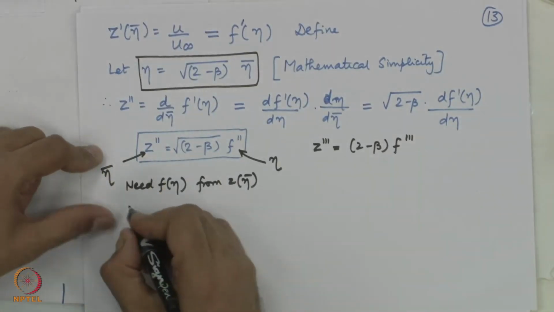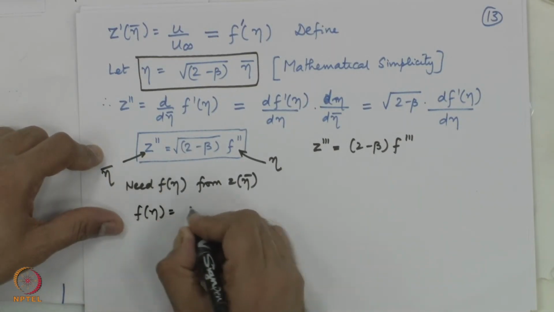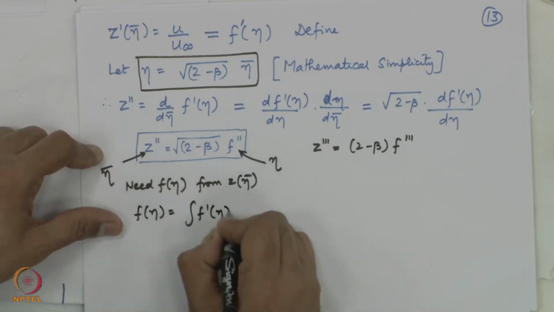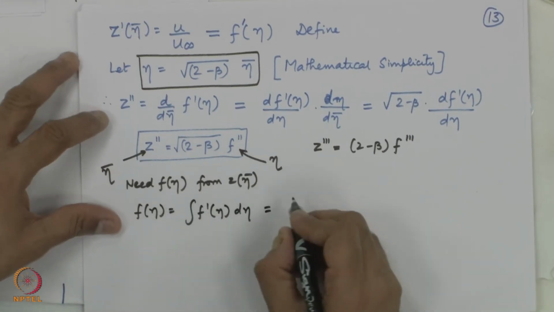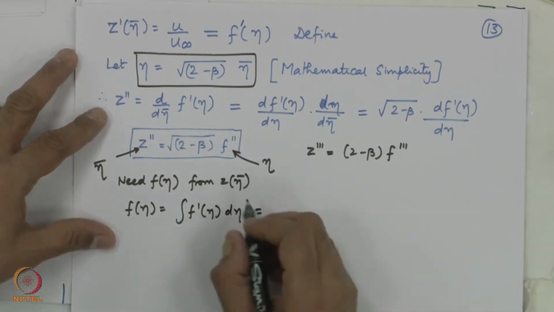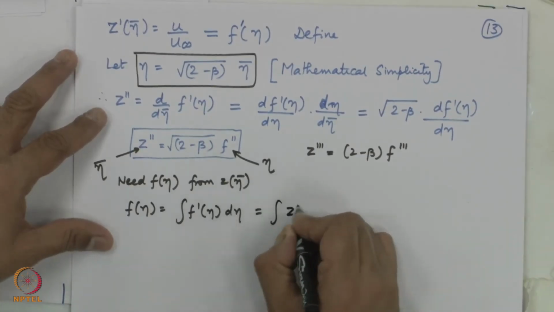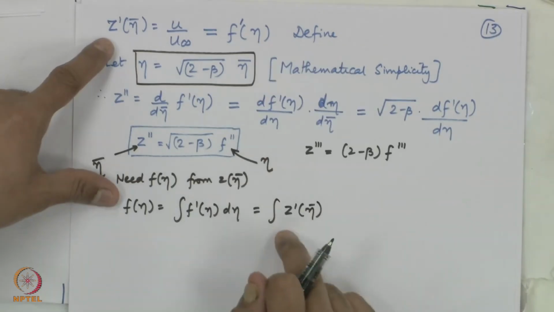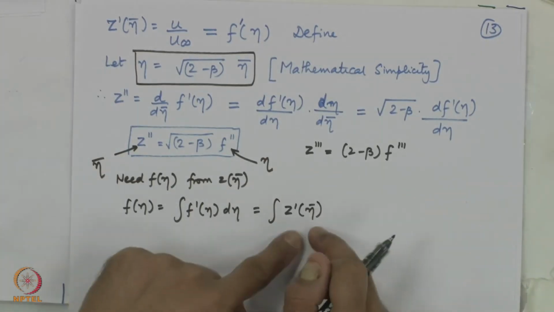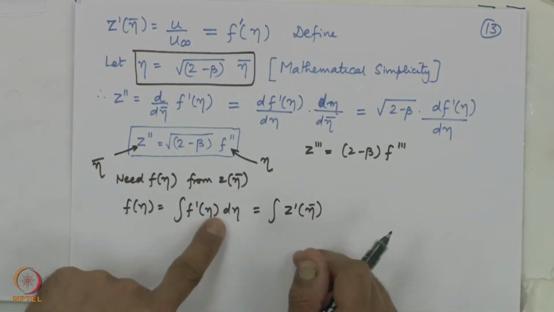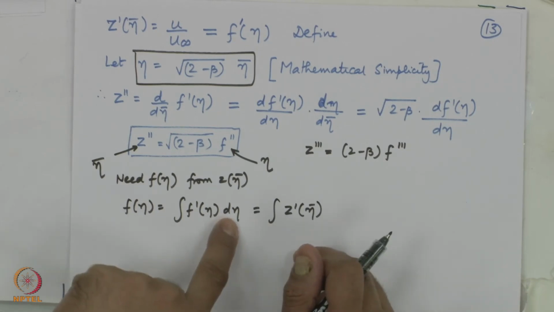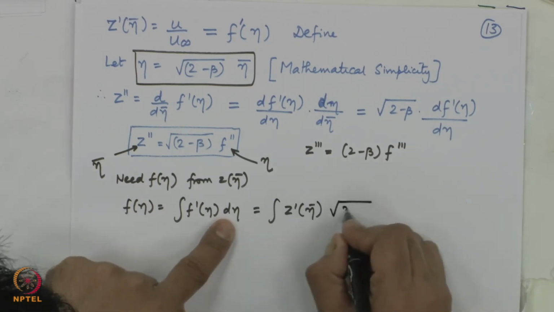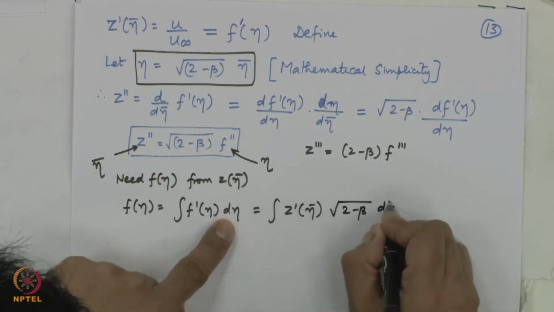So, for that let us look at f of eta is equal to integral f prime of eta d eta, which is nothing but integral z prime of eta bar. I am just transforming it because these two are the same. I am replacing f prime by z prime of eta bar. This I want to make as eta bar differential, so I will have this under root 2 minus beta d eta bar.